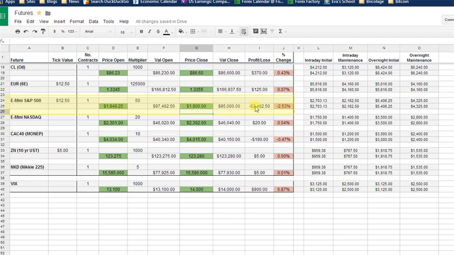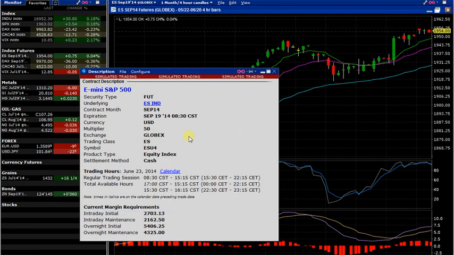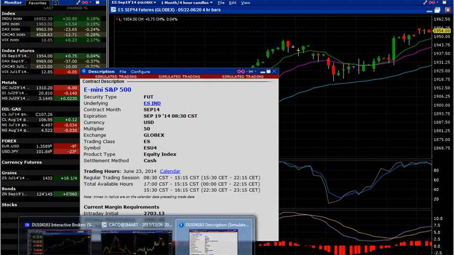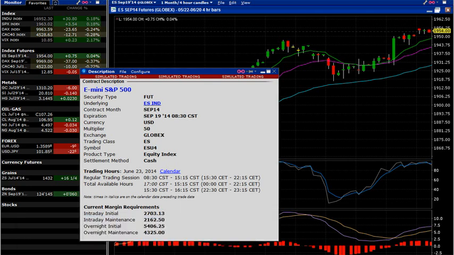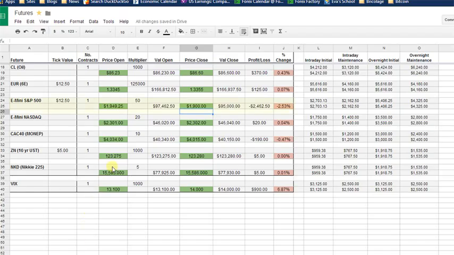So if I have a very small trading account, and I have a daily settlement, and I have a profit loss of $2,400 on one day, you can see what's going on here with my margin, and I'm apt to get taken out of a trade that I don't necessarily want to be taken out of. So that's what I mean by be aware of the nominal value of your contract.